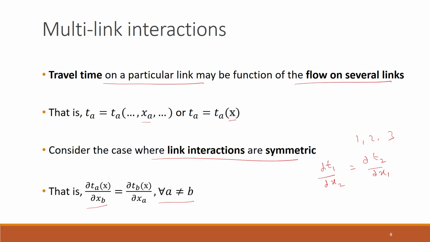And the derivative of the travel time on the first link with respect to the flow on the third link is equal to the derivative of the travel time on the third link with respect to the flow on the first link. So, we can keep writing down these equations. These ensure that the link interactions are symmetric.